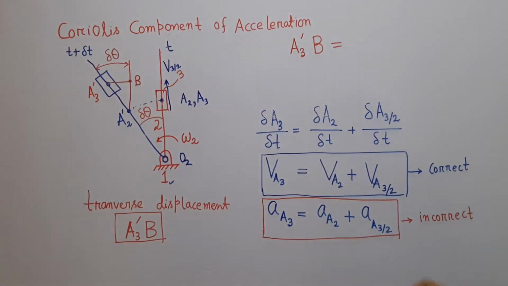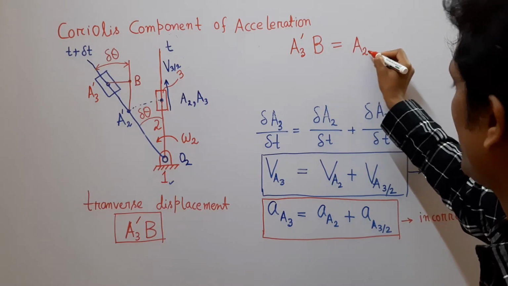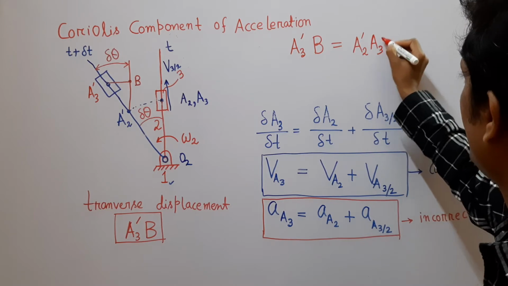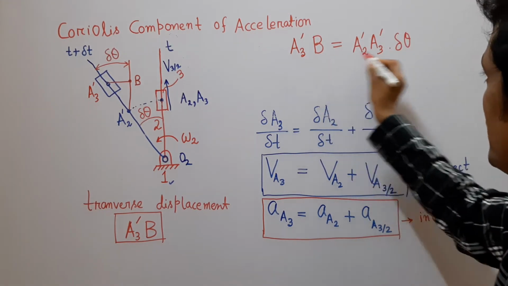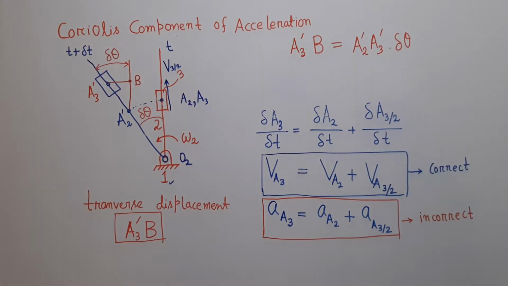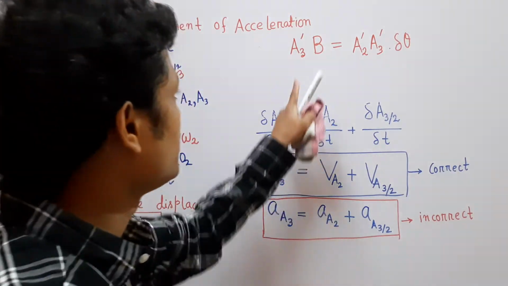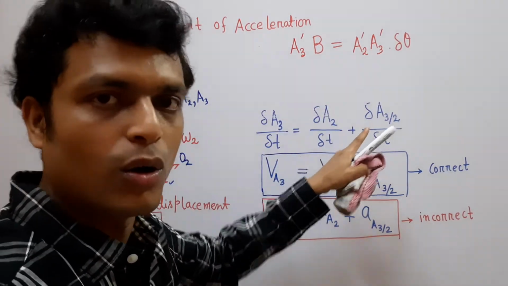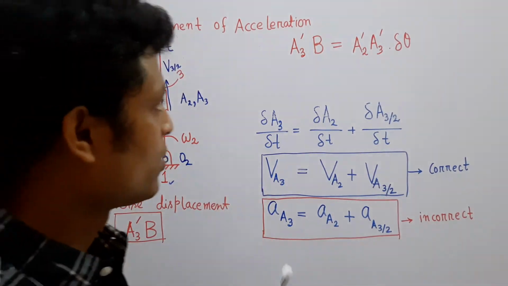Now A3 prime B is what? S equals R into theta, so A2 prime A3 prime into delta theta. This much displacement has been missed by the observer sitting on link 2.